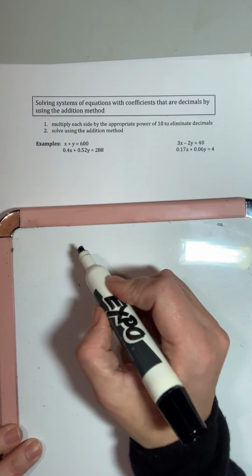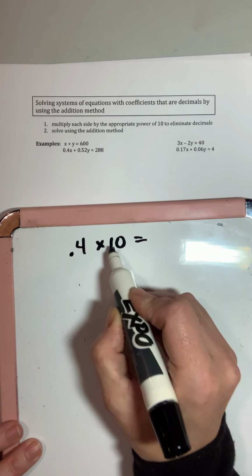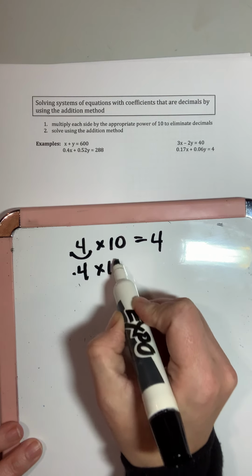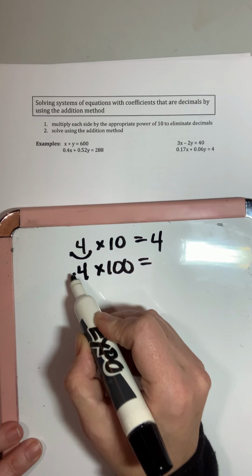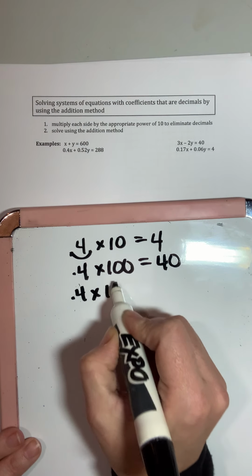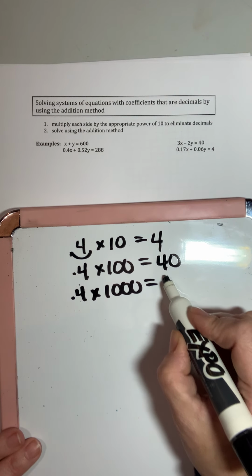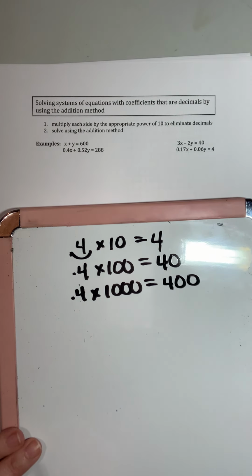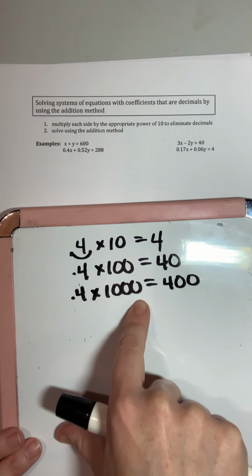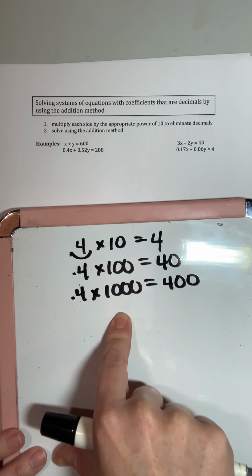So for instance, 0.4 times 10 would move over once and give you 4. 0.4 times 100 would move the decimal over twice and give you 40. 0.4 times 1,000 would move the decimal over 3 times and give you 400. You move it over once for 1 zero, 2 for 2 zeros, 3 for 3 zeros. Okay, that's when you multiply by powers of 10.